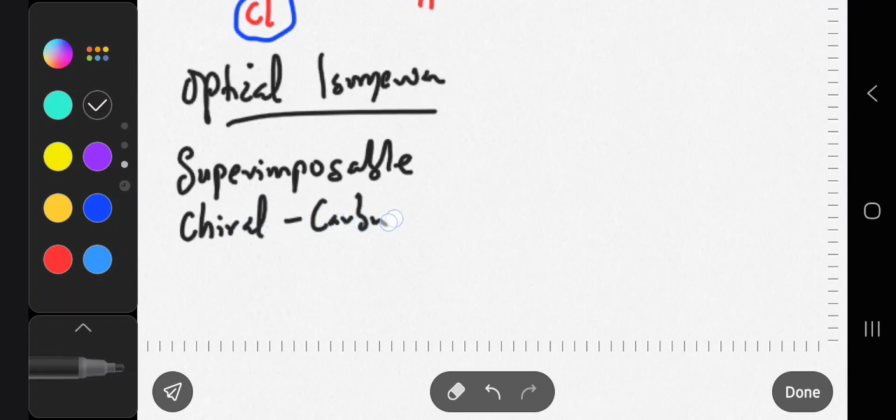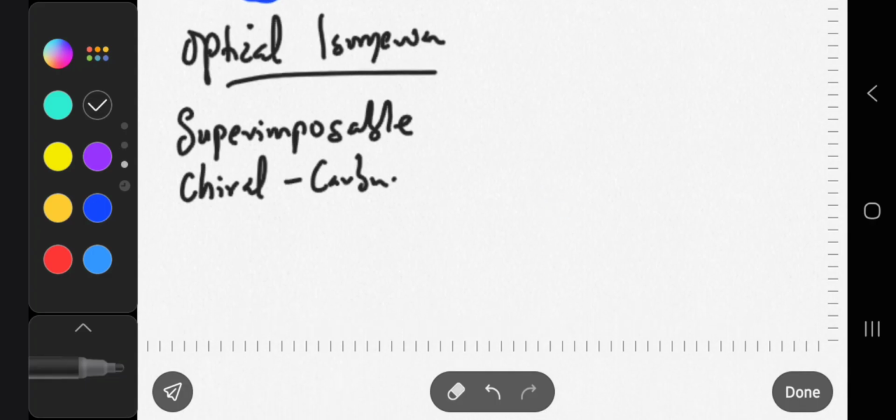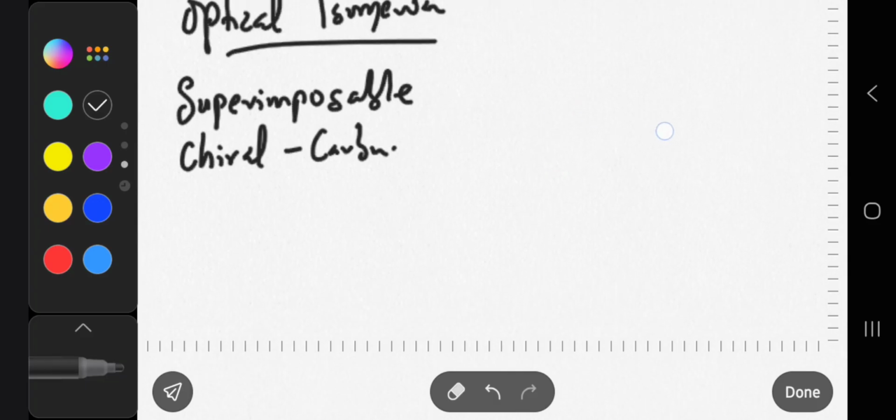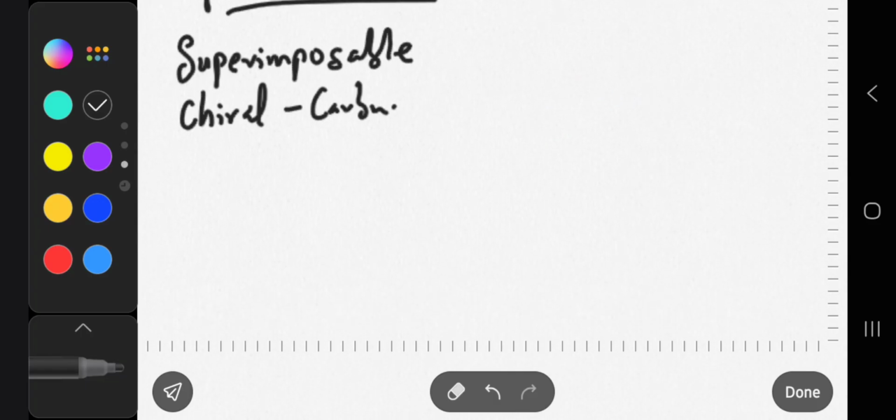All right. So when these are evident, that means that compound could undergo optical isomerism. So it occurs in molecules that are non-superimposable mirror images. All right. So it just means that their mirror images are identical, but they cannot be placed atom to atom onto each other. Okay. So I will explain this.